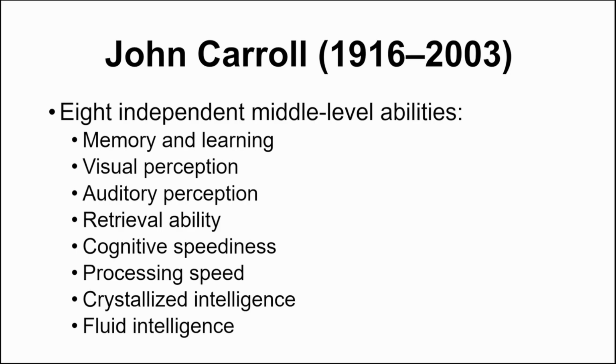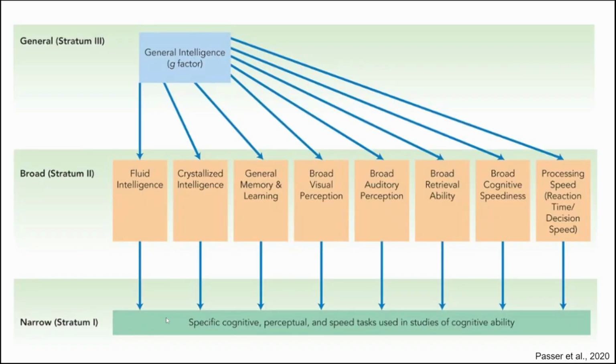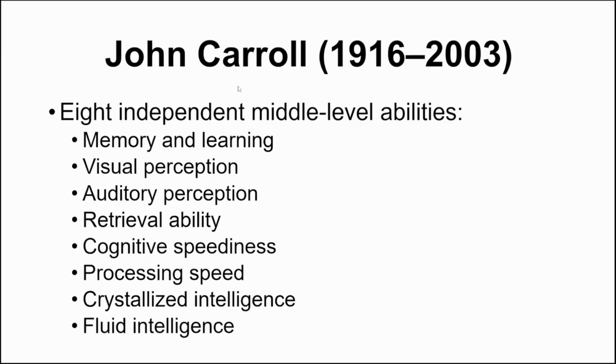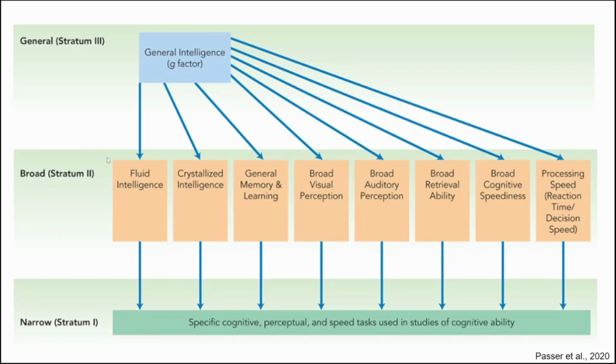So before we talk about those specifically, though, I just wanted to show the fact that Carroll's idea of these mid-level abilities maps nicely in with what we had from Spearman in that 3-level hierarchy. So here at the top, we still have our G factor or general intelligence or just G. Our broad stratum, stratum 2, is just level 2.